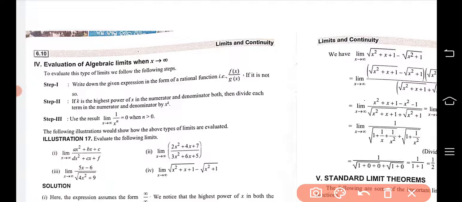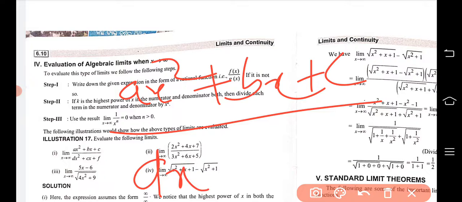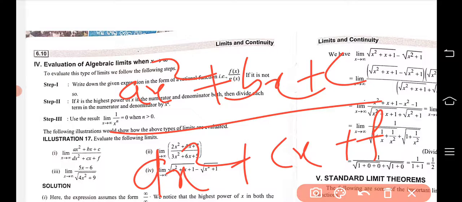Suppose, for example, we are given a function like (ax square plus bx plus c) divided by (dx square plus ex plus f).